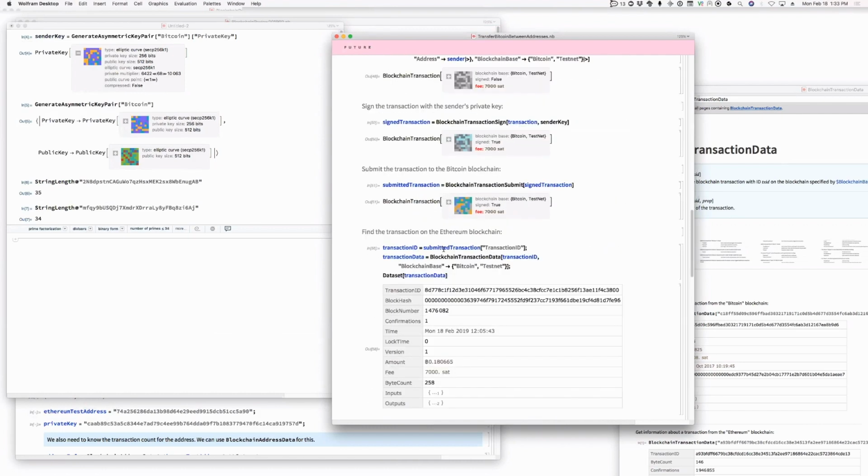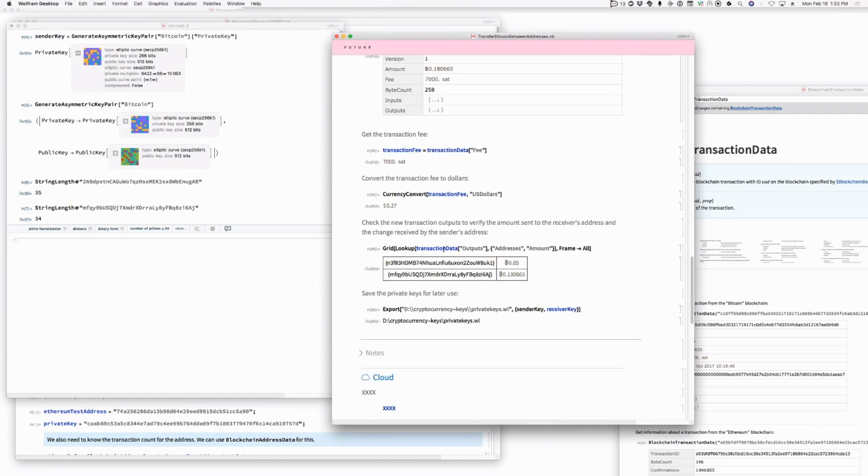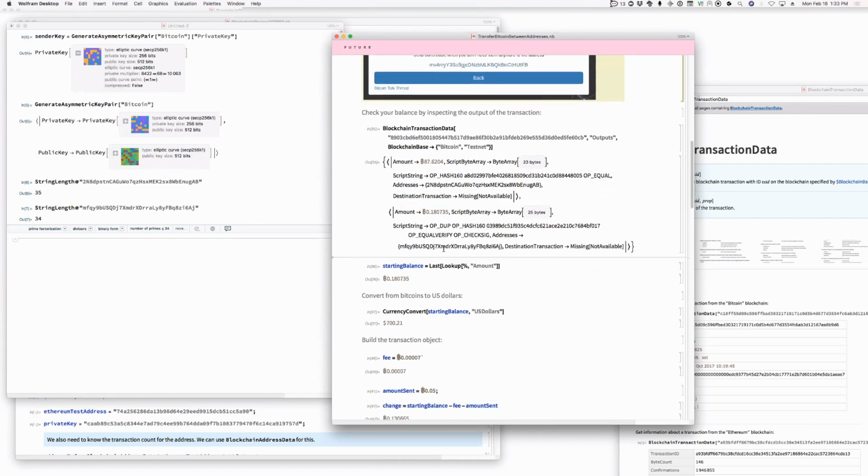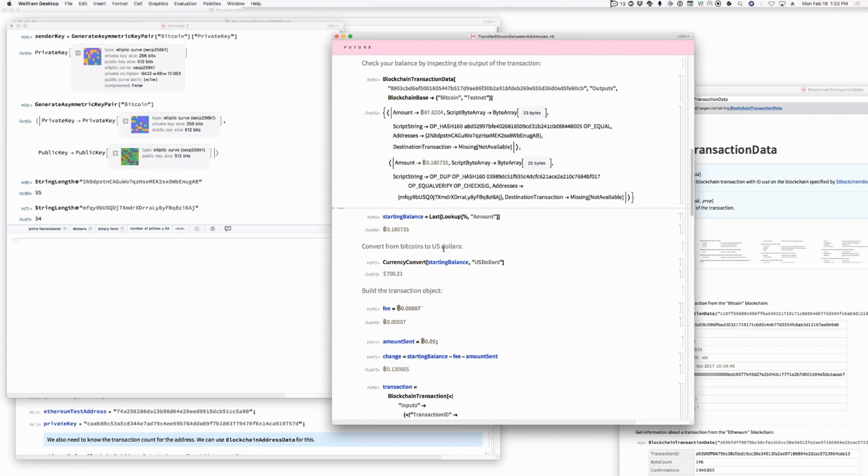Okay, so now what are we going to do? We're going to take the stuff that was at this sender address and get ready to transfer it. My gosh, this is complicated. Right, so now we want to transfer that money we got from the faucet to our other address, the one you also generated at the top of the notebook.